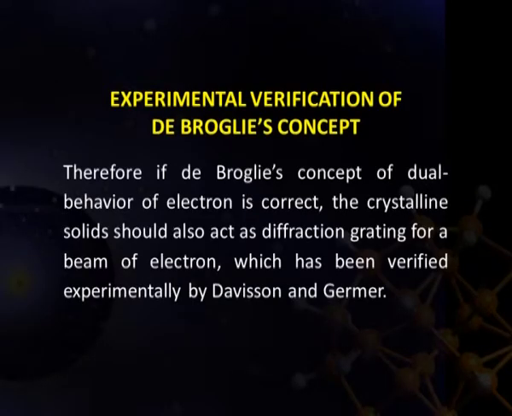Therefore, if de Broglie's concept of dual behavior of electron is correct, crystalline solids should also act as diffraction grating for a beam of electrons, which has been verified experimentally by Davisson and Germer.